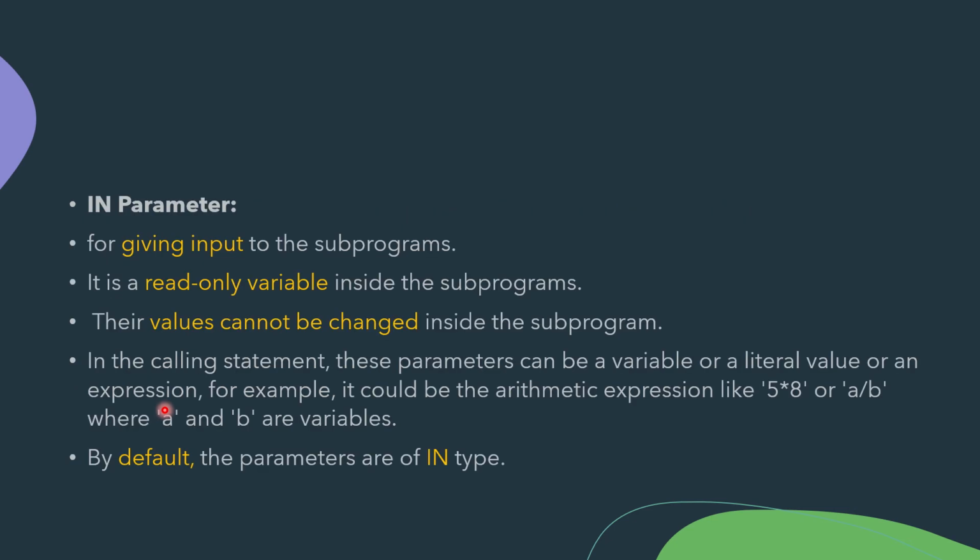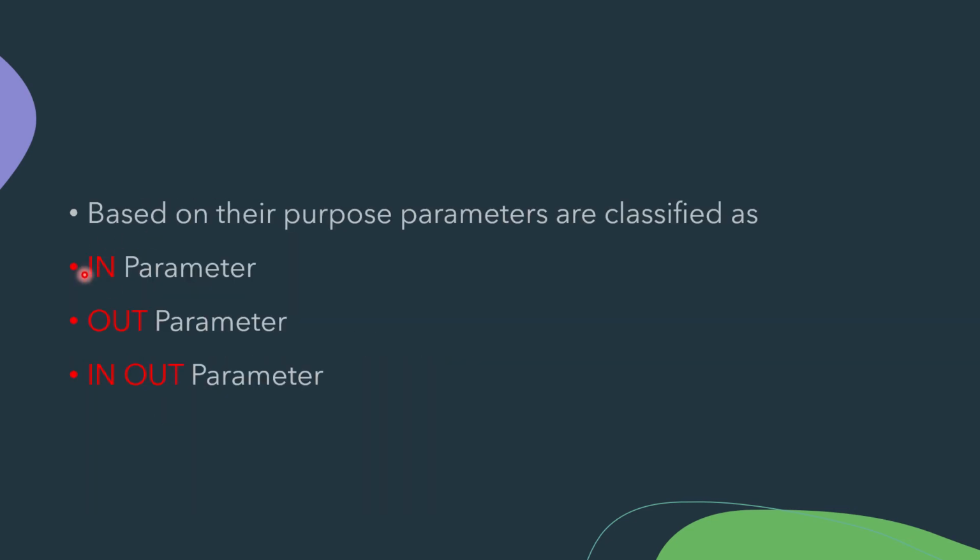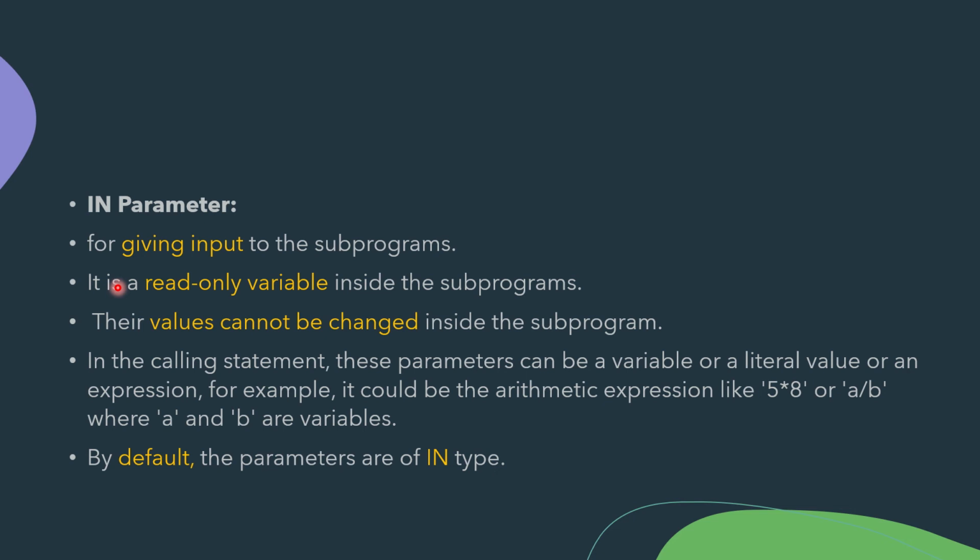What is the meaning of an IN parameter? The normal default case is the IN parameter. If you are not specifying any other details about the parameter, it will be taken as an IN parameter by default. An IN parameter means that the subprogram takes a value, that is, we are inputting values to a subprogram.